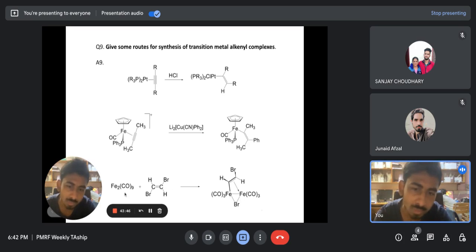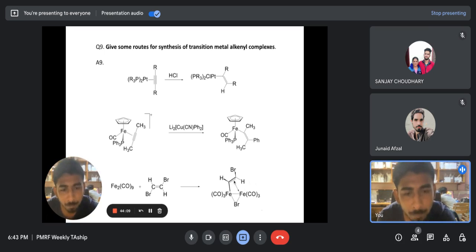Now there are actually 9 CO molecules. Here you can see in the product there are 6 CO molecules. So 3 CO molecules are eliminated. And what happens to the other thing? Because this C-Br bond is activated, and this bromine is now acting as a bridge between these two iron centers, the other carbon is now bonded to one of the iron centers.